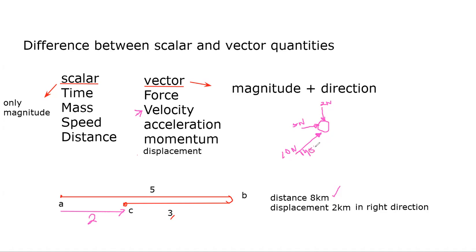So to specify force, we have to provide some direction also. Same like that, velocity and acceleration. Acceleration is a vector quantity, and momentum is also a vector quantity. So in all of these, the magnitude plus direction is necessary to completely define these properties.